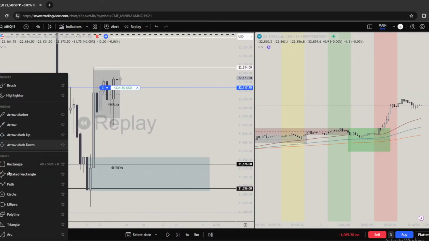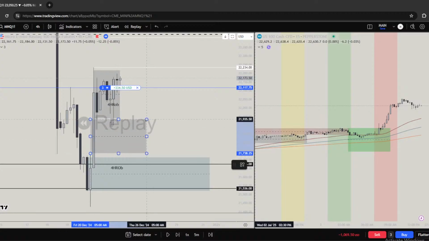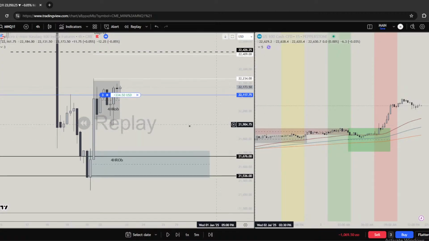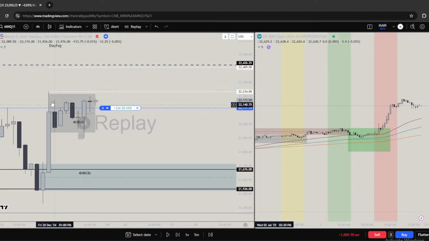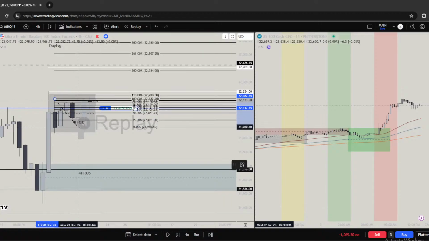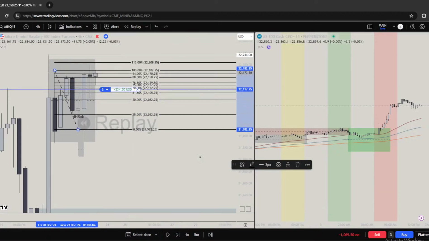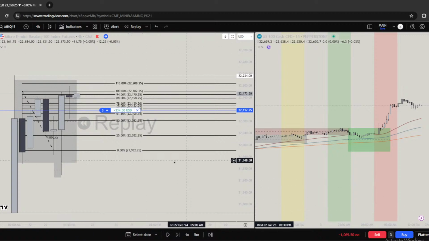Came down, respected this. Okay, so I should only be looking at this right here. This is what I should be looking at for how high price is gonna go.